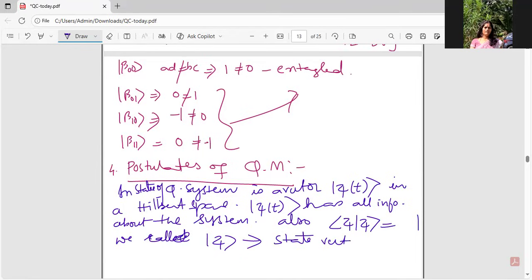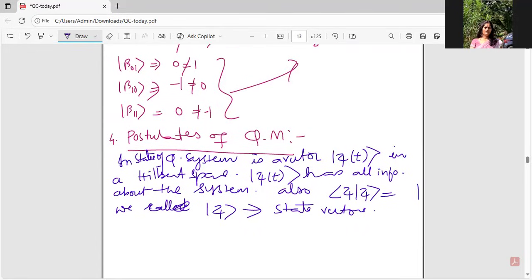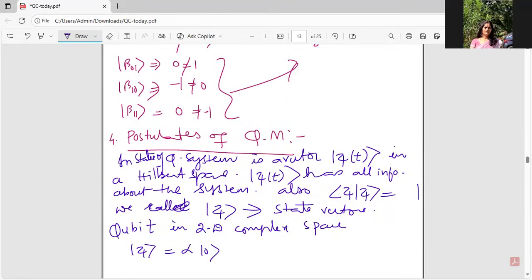Also, in the Bloch sphere representation, a qubit in two-dimensional complex space, where e power i phi is cos phi plus i sin phi, it's complex because it's in Hilbert space.